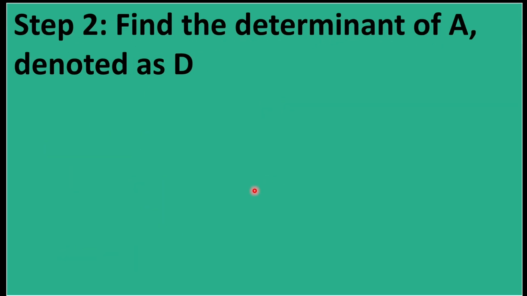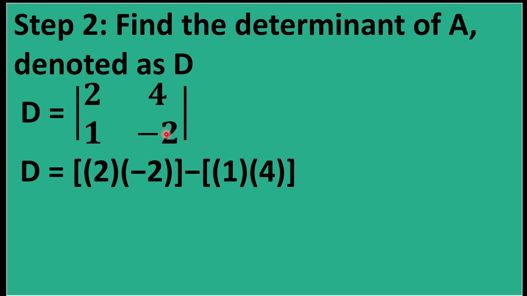Now find the determinant of A, denoted as D. For the determinant, first we multiply these two values, 2 into minus 2, and then minus the product of these two values, 1 and 4.